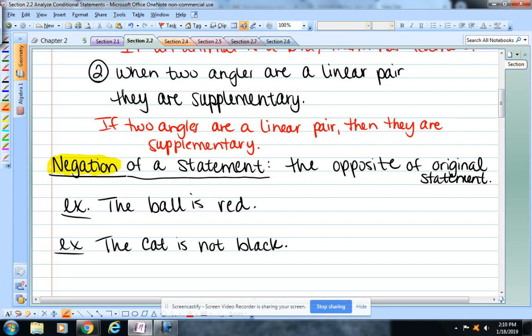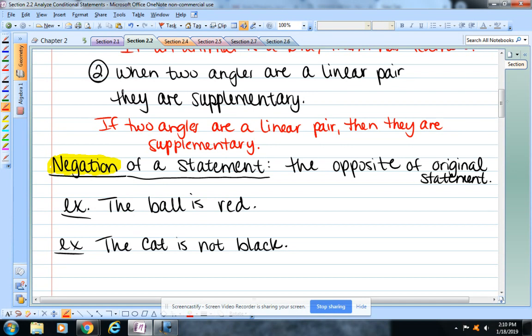The next thing we're going to talk about is a negation. I want y'all to write down the definition for the word negation, please. Negations are super simple.